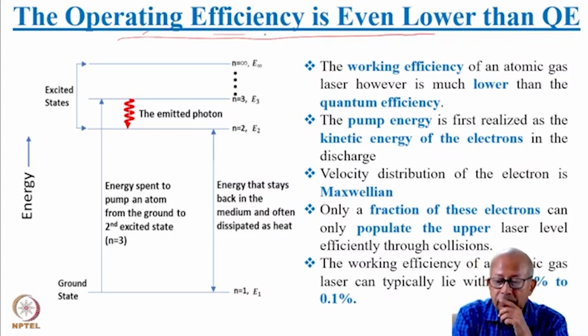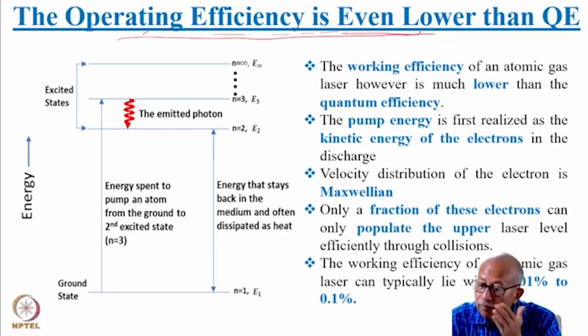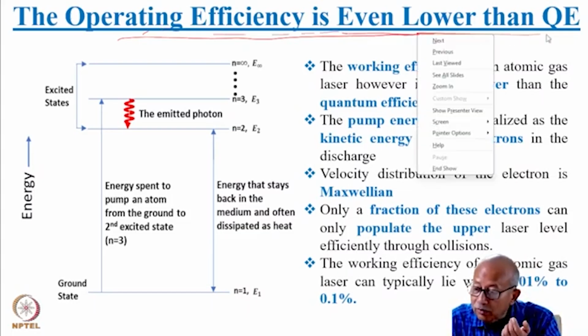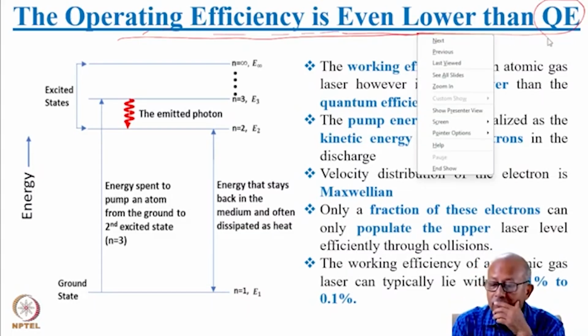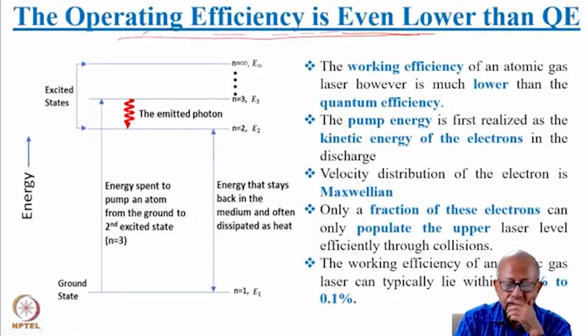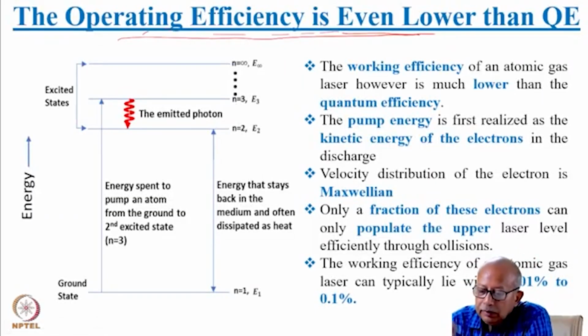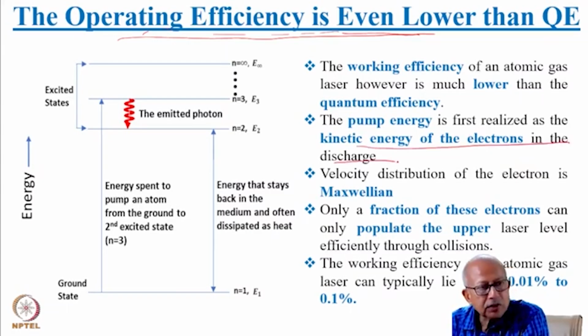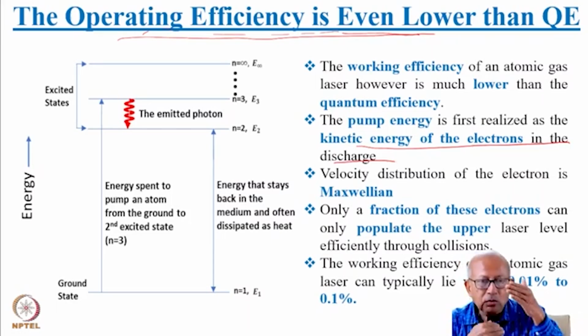The operating efficiency will be much lower than the quantum efficiency. Why? Because you see, the pump energy is first realized as the kinetic energy of the electrons in the discharge. You know that. The energy that you draw from the line is the pump energy.